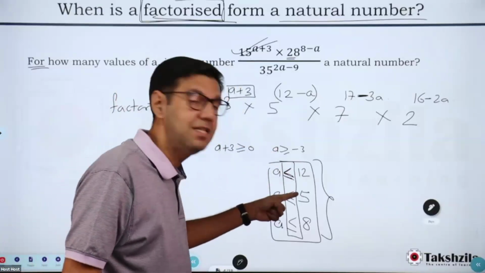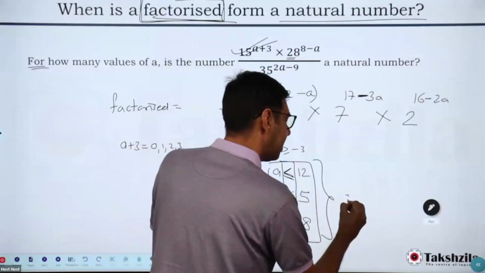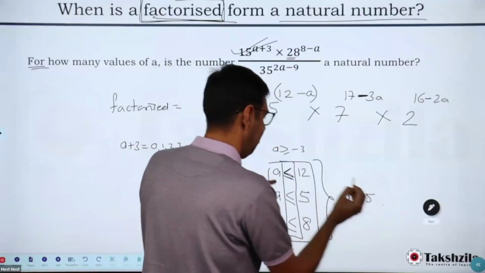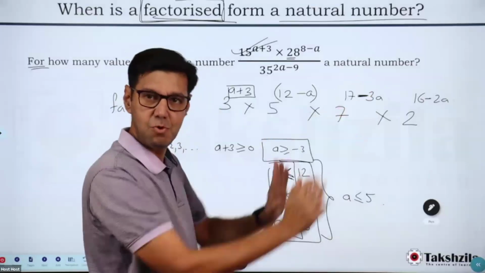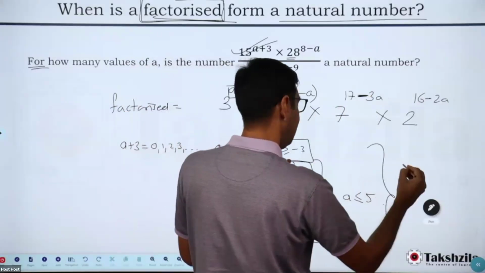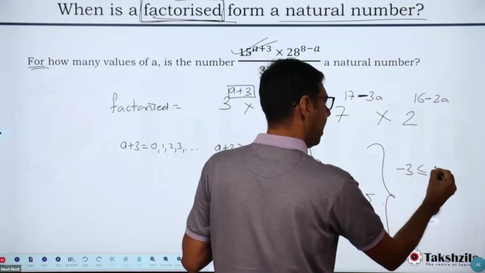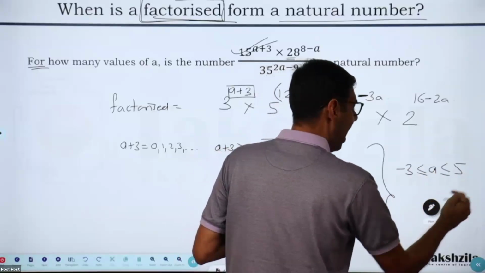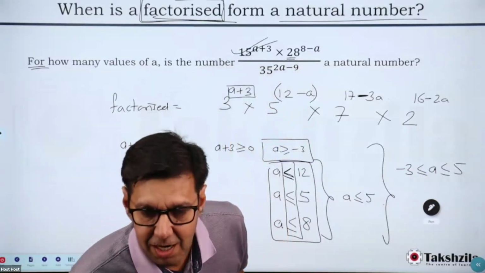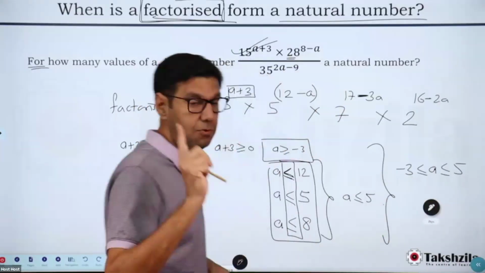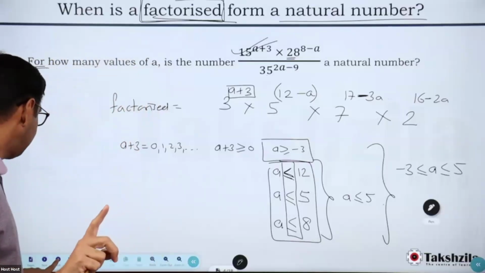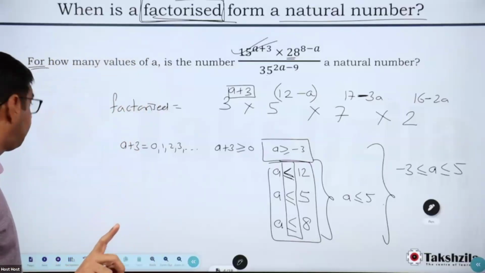So then you'll have to meet this also. So what is the strictest condition here? Less than or equal to 5. This alone tells more than this. So what do you get finally? All values from -3 to 5. And if you're counting this, that's 9 values, Sankalp.